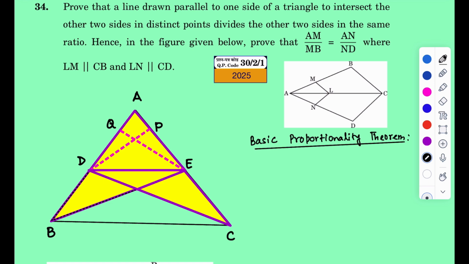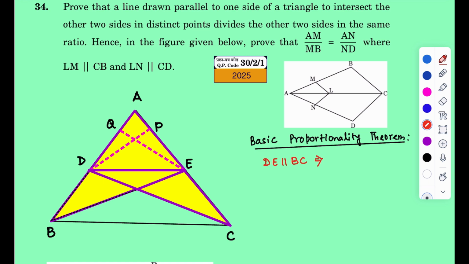Here, if we see, ABC is a triangle and we draw a parallel line DE which is parallel to BC. Now we have to prove that if we draw a parallel line to a particular side of the triangle, then it divides the other two sides in the same proportion.